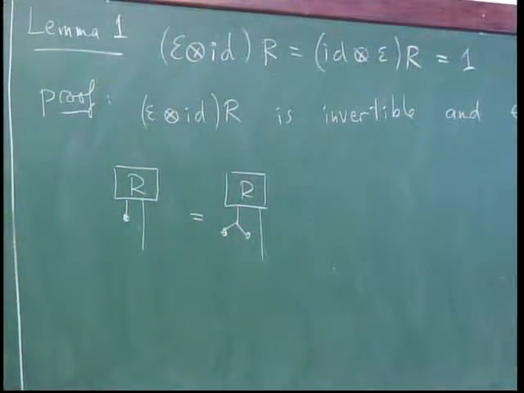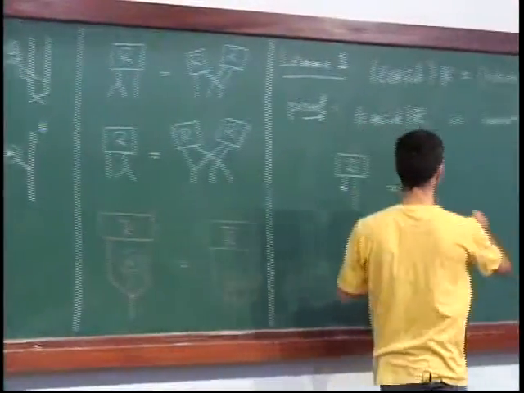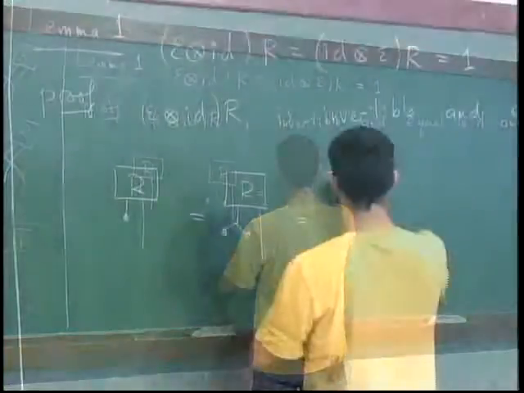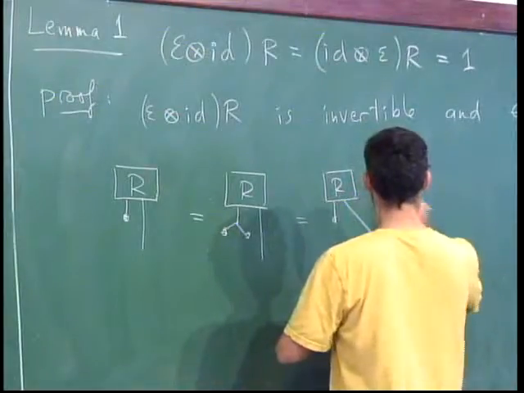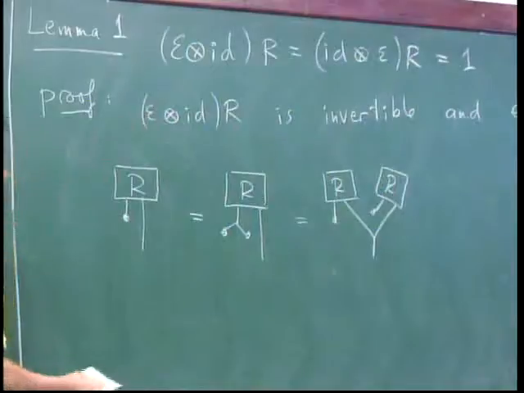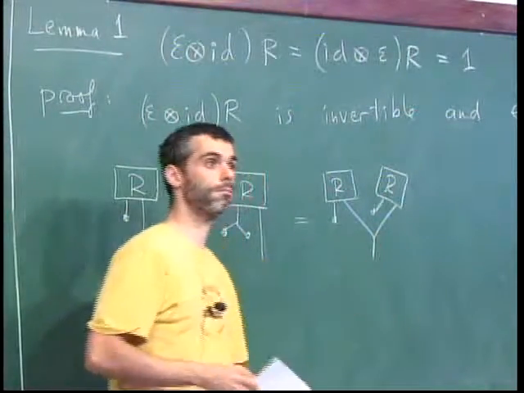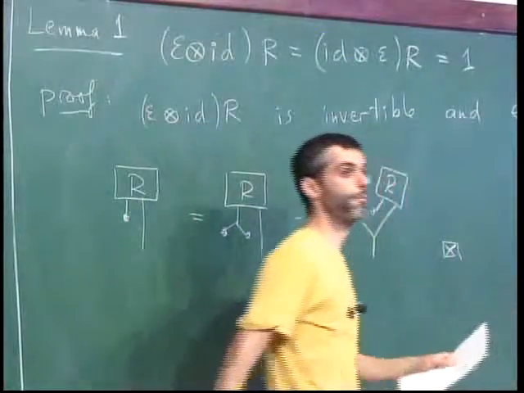Now I can use this axiom in that situation, and I'm left with that. Well, that's exactly what the statement is. This element is equal to its square. So that's the proof.